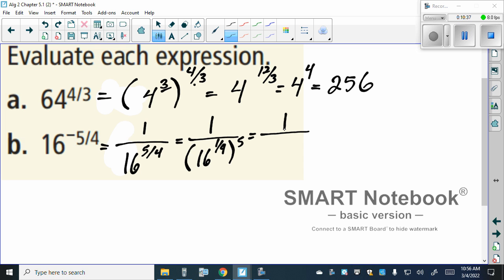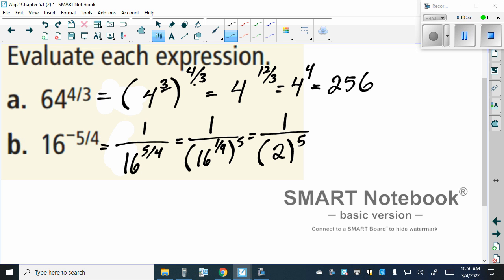Now at this point here, we're finding the 4th root of 16. Really, that's what 16 to the 1/4 is, yes? And what is 16 to the 1/4? I think y'all found it to be 2, yes? Because 2 times 2 is 4, times 2 is 8, times 2 is 16.